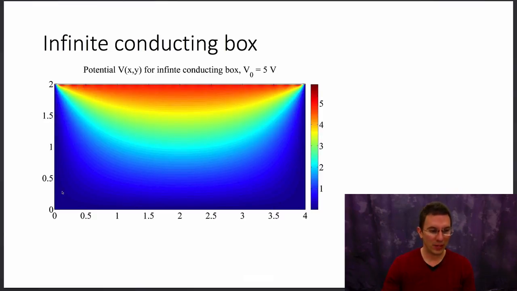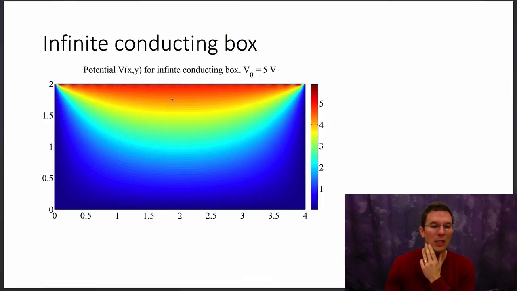So we've satisfied the boundary conditions everywhere, and inside here you can see what the potential is doing. It starts here at 5 volts, and while it's not entirely obvious from this plot, it essentially decays exponentially to 0 as you move away from this side in the y direction.